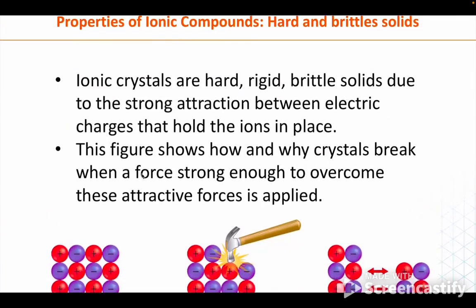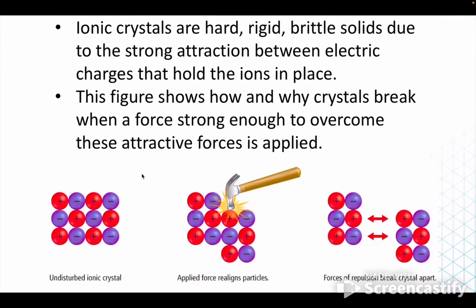Because we're in those crystal lattice structures, the ionic crystals are brittle. They're hard, they're rigid. If you do try to inflict a force on them, they are not going to bend. With a metal, the ions will slide past one another, so you can pull metals into wires or hammer them into shapes. But ionic compounds, if you try to do that, it'll just break.